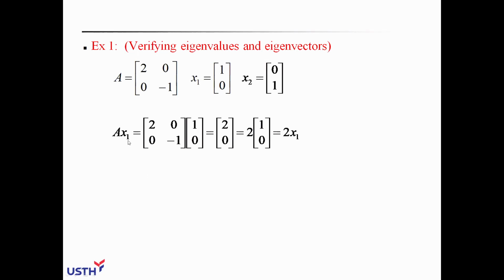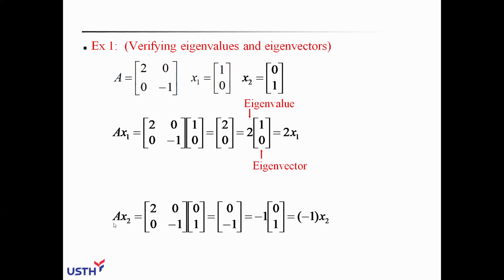Then you see Ax1 equals that, and because of that, the first vector x1 is an eigenvector corresponding to the eigenvalue 2. The next one, if we multiply A by the column matrix x2, you get that one. And again, x2 of (0, 1) is an eigenvector corresponding to that eigenvalue. So that is an example about eigenvalue and eigenvector.